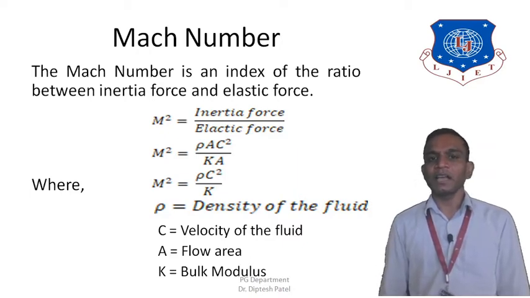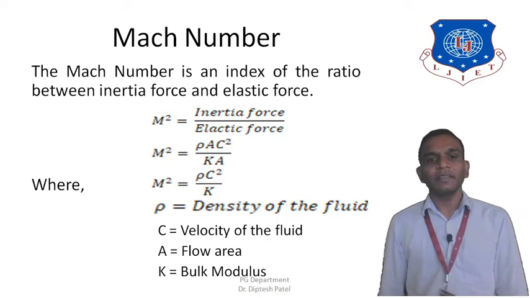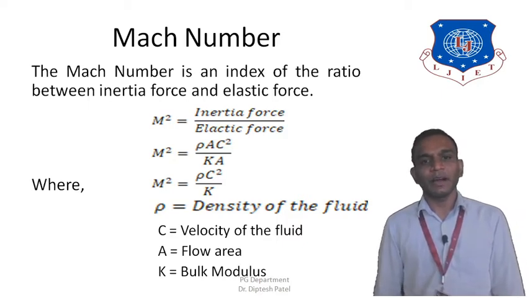So I can write the Mach number M squared is equal to rho A C squared divided by K into area.